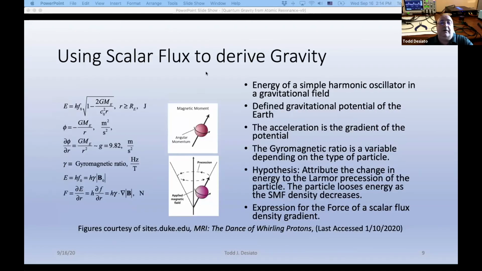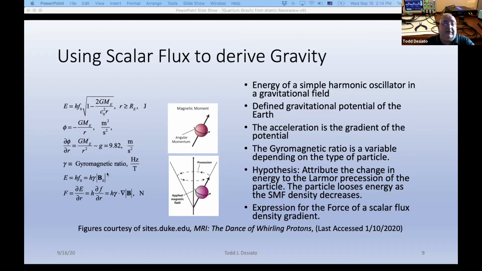And so using a simple harmonic oscillator in a gravitational field, we define the gravitational potential in the same Newtonian way. And we take the gradient of the potential, we get G at 9.82 meters per second squared.